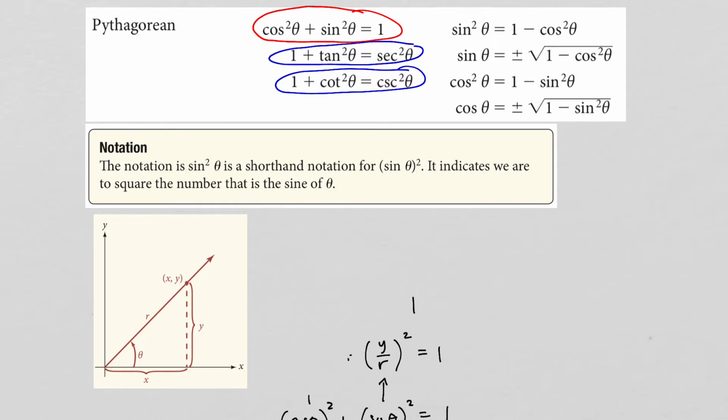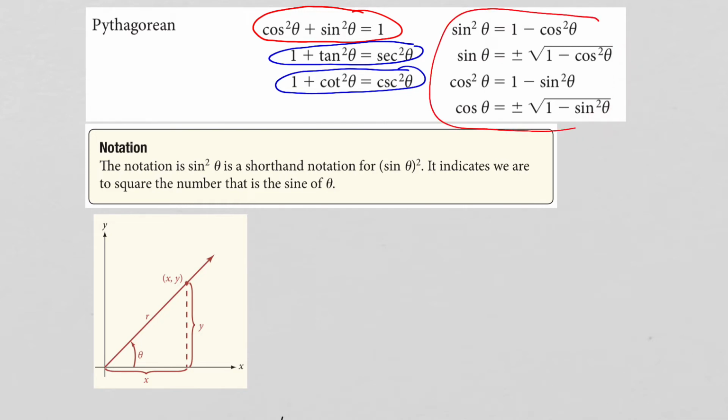Now let's talk about one other thing here. You'll notice off to the side, we have these alternative ways of writing the first identity, right? All of these here come from this one. Now, why is that? Let's have a quick look.